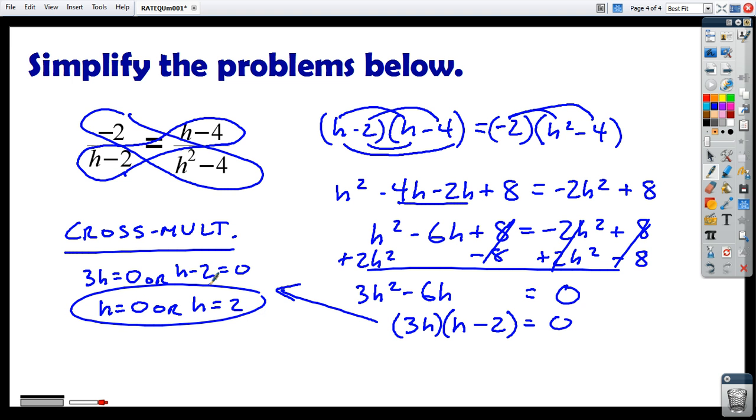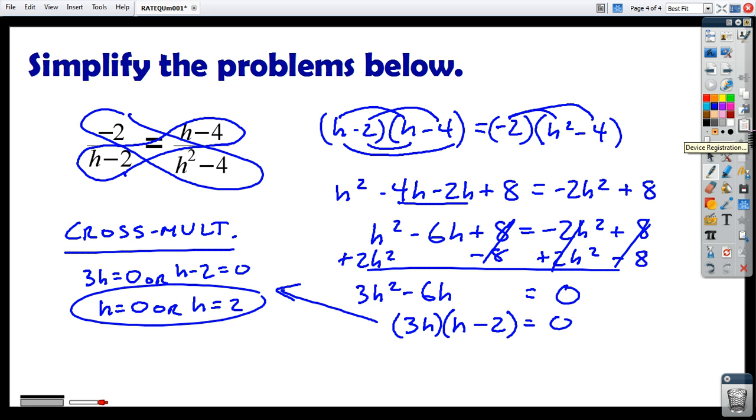Alright, so that's one new thing, is that in certain situations where we've got a proportion set up, a ratio equaling another ratio and nothing else, we could do cross multiplying like we've done in the past. Now, here's the last thing you need to be careful about. This problem and all our other problems, we should be checking for something, because there's something in these types of problems called extraneous solutions.